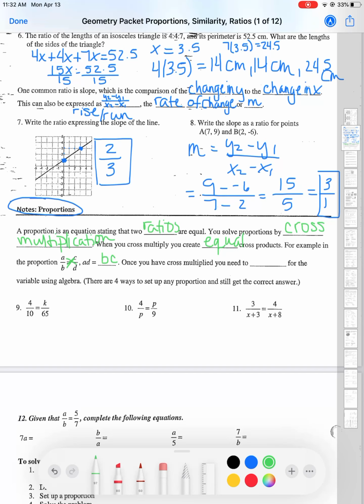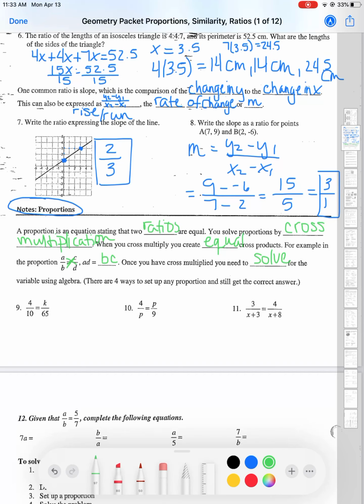Once you have cross multiplied, you need to solve for the variable using algebra. There are 4 ways to set up any proportion and still get the correct answer, which we will look at in just a little bit.